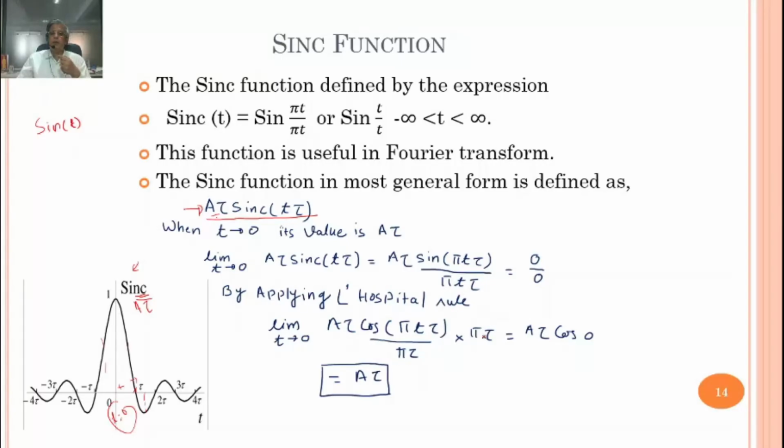This pi tau cancels out, and this is A tau cos of this, and if we substitute t equal to 0, that becomes cos 0, and cos 0 is 1. Hence the amplitude of the sinc function at t equal to 0 is A tau.